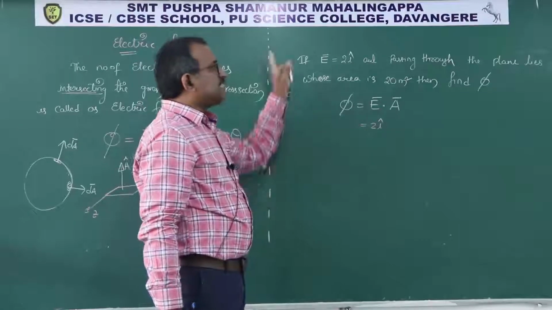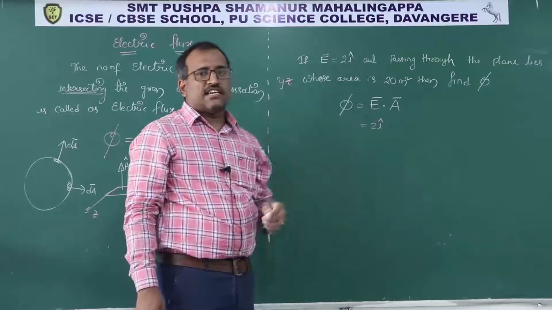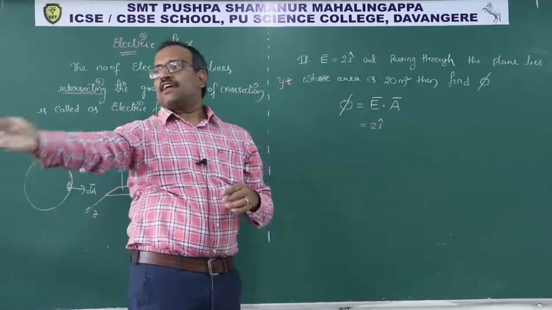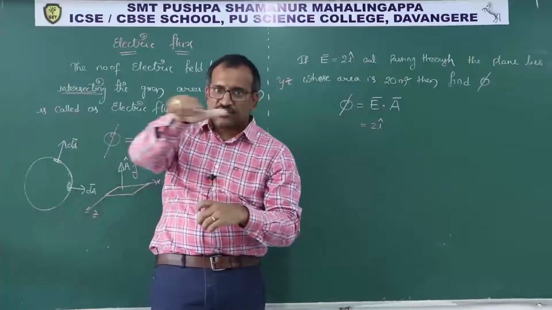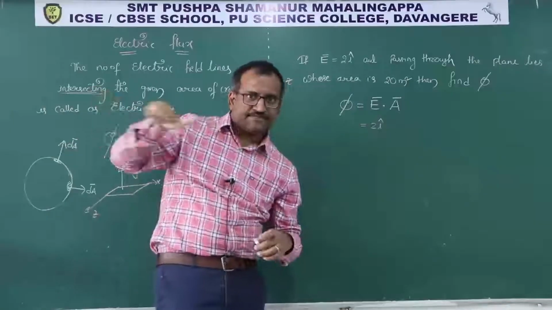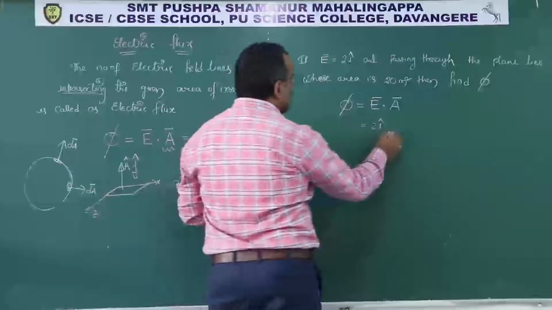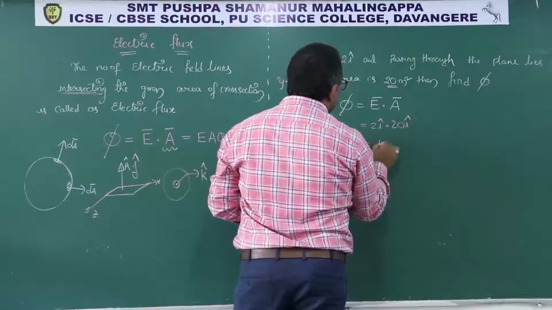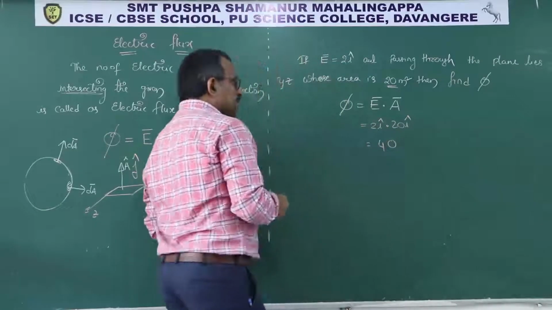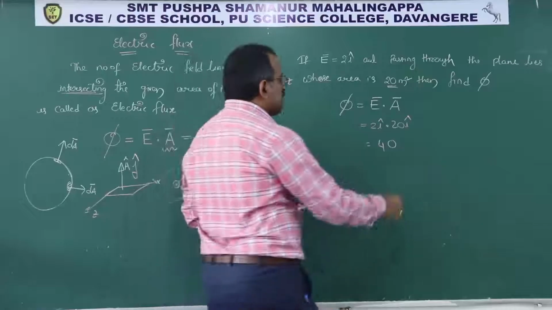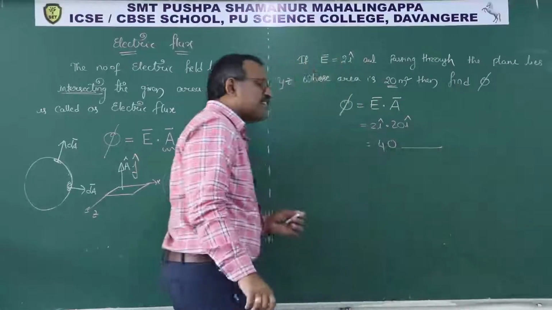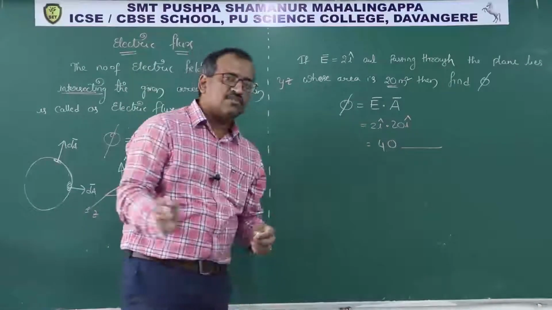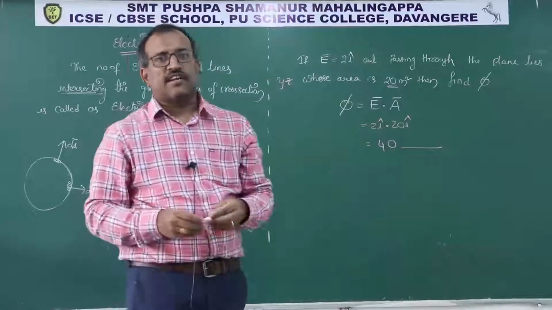YZ plane means side wall. So the thumb is like this, i cap, right? So the area is 20 i cap. Then the answer will be 40. I am leaving the units for you because you studied them at board level. SI unit. Understood? Such types of questions they will ask you.